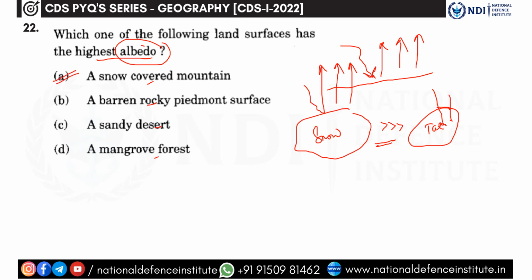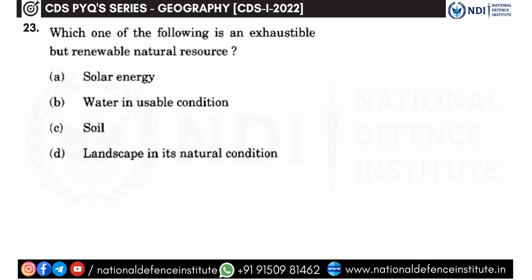Alright. So next one, which one of the following is an exhaustible but renewable natural resource? Of course, this is what is asked: exhaustible but renewable natural resource. The thing is, solar energy is renewable, but it is not exhaustible, so it cannot be the one. Water in usable condition. Soil is not actually something we can take as renewable.